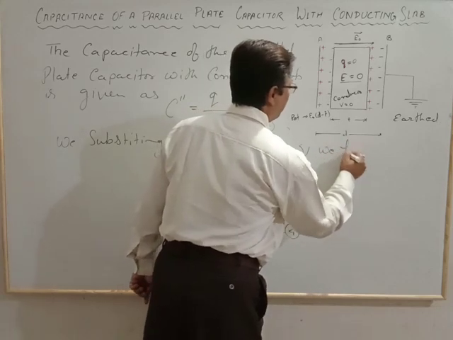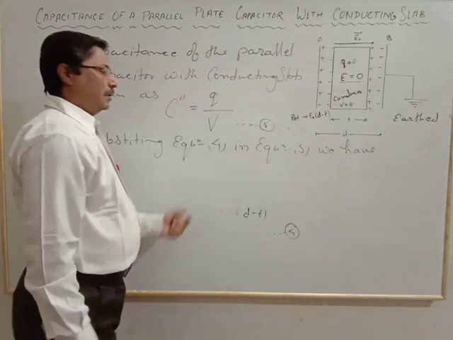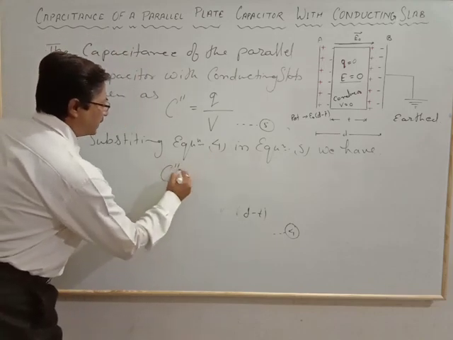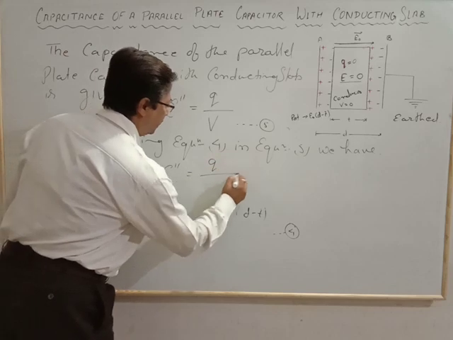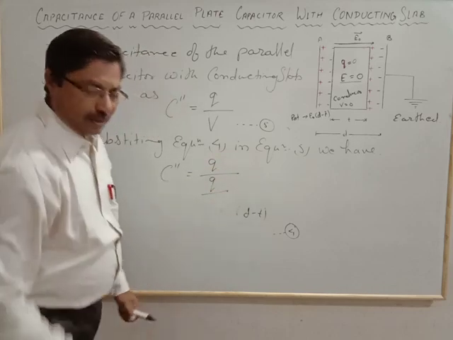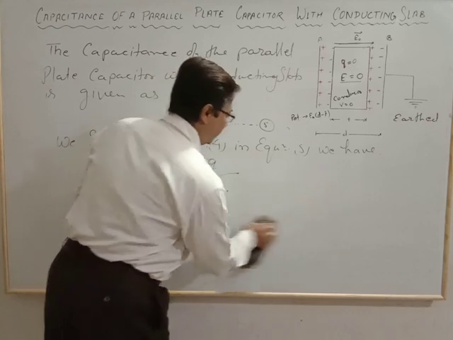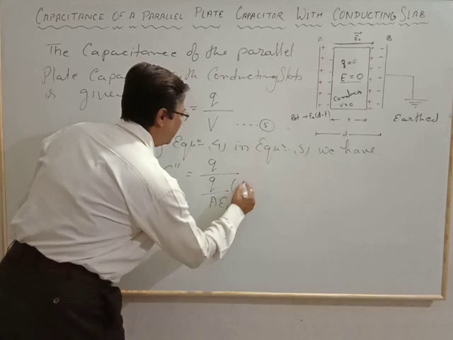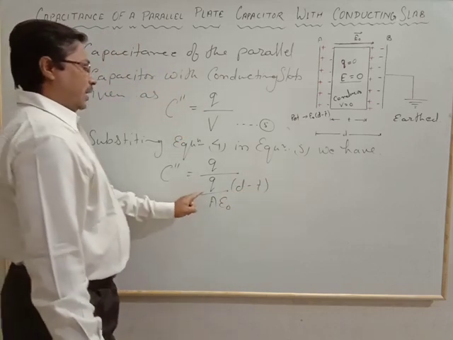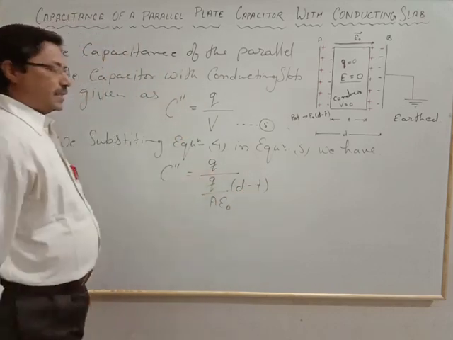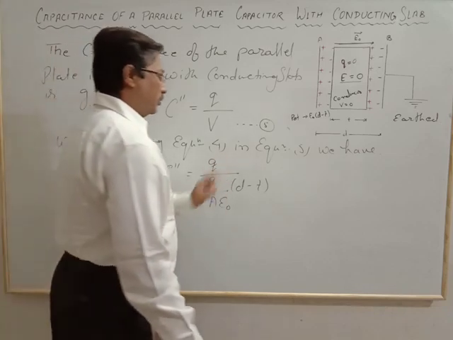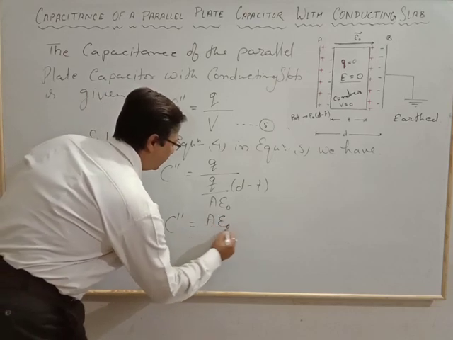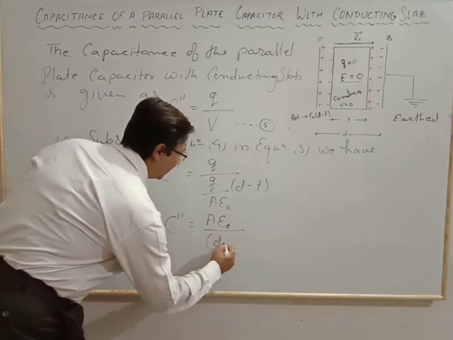We have the capacitance C double dash is equal to Q by A epsilon naught into D minus T. Now here that Q charge will cancel out and A epsilon naught moves upward. So C double dash is equal to A epsilon naught by D minus T.